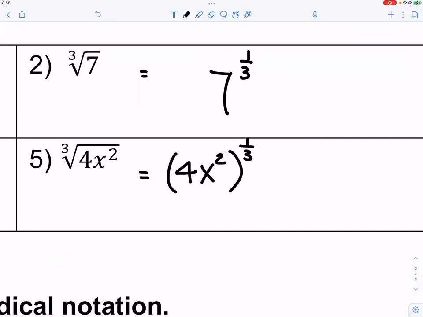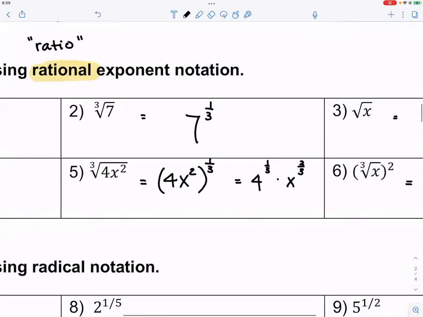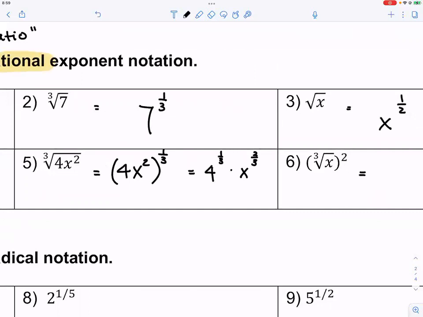Now, alternatively, you may write this because we can distribute the exponents, something that you should have learned back in Algebra 1. So you also may write something like this. You may write down 4 to the 1/3 power and x to the 2/3 power. Okay. Make sure you stop me and ask why if something doesn't make sense as you're writing it down.